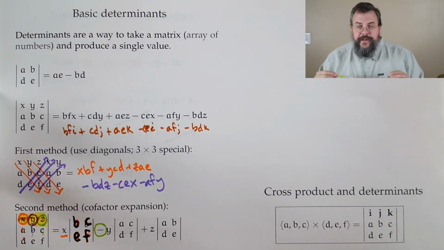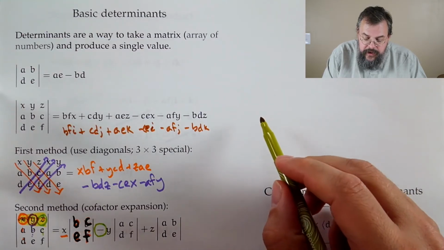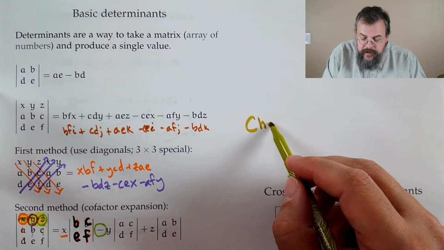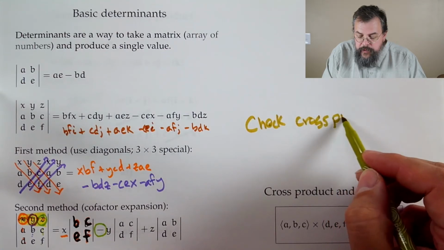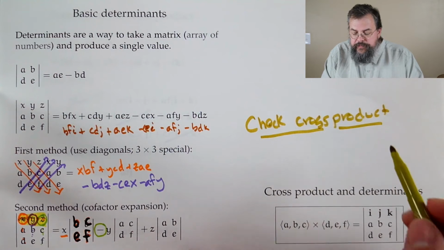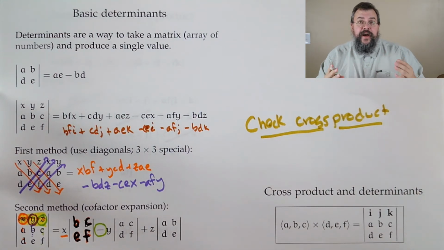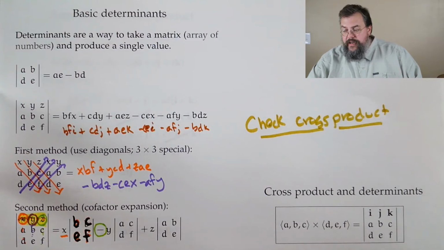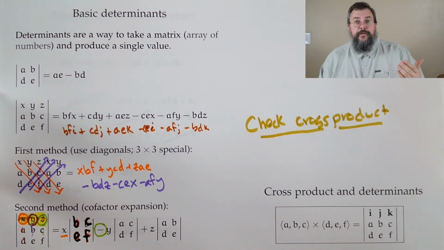So what's the be smart? So here we go. To check our cross product, what can we do? Well, we think about what's true about a cross product. And the answer is there's this nice geometrical fact that the cross product has to be perpendicular to what we started with.